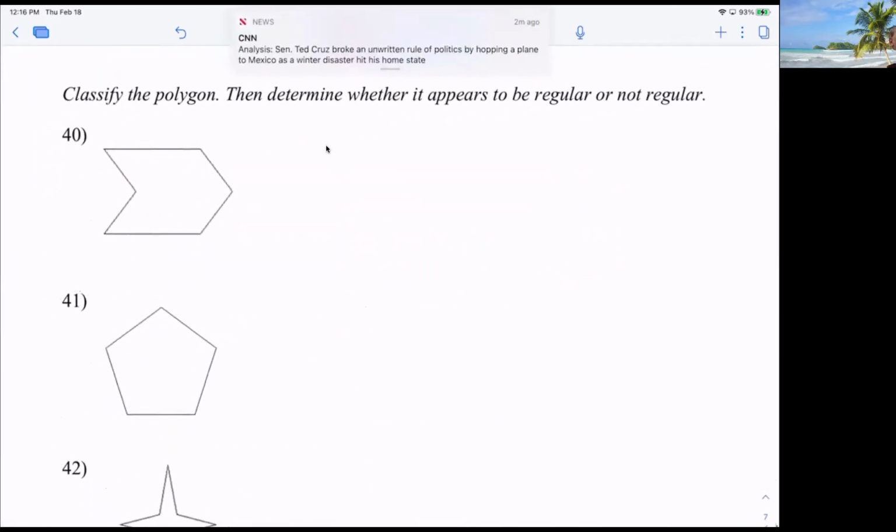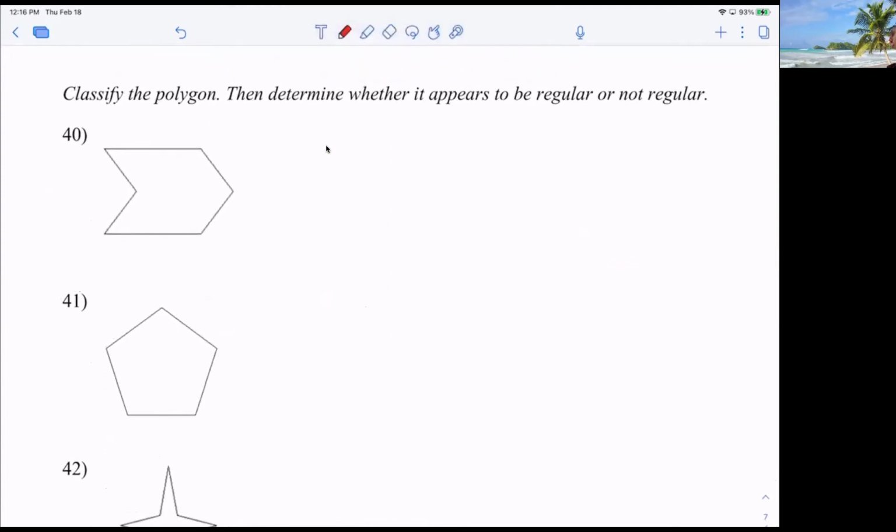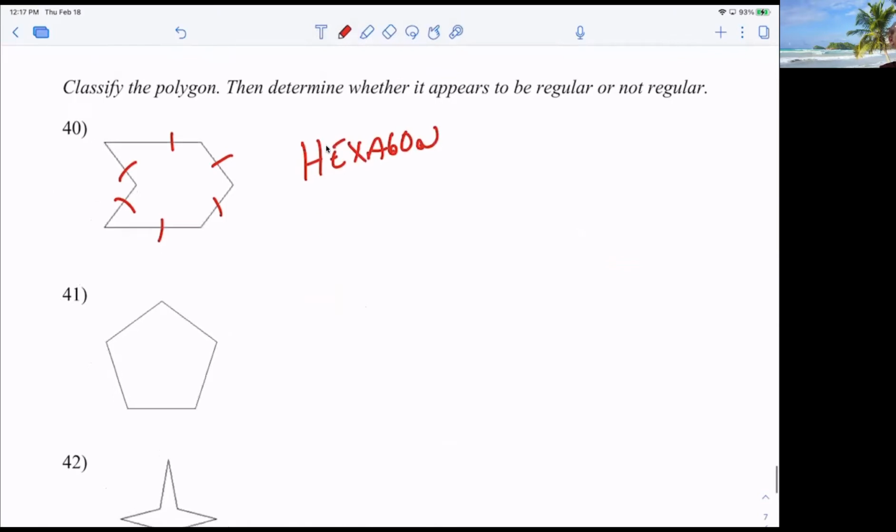Classify the polygon. It's a what? 1, 2, 3, 4. Yes, good job, girl. It is a hexagon. Is it regular or not regular? Not regular. Now, why is it not regular? The sides might be the same, but what's not the same?